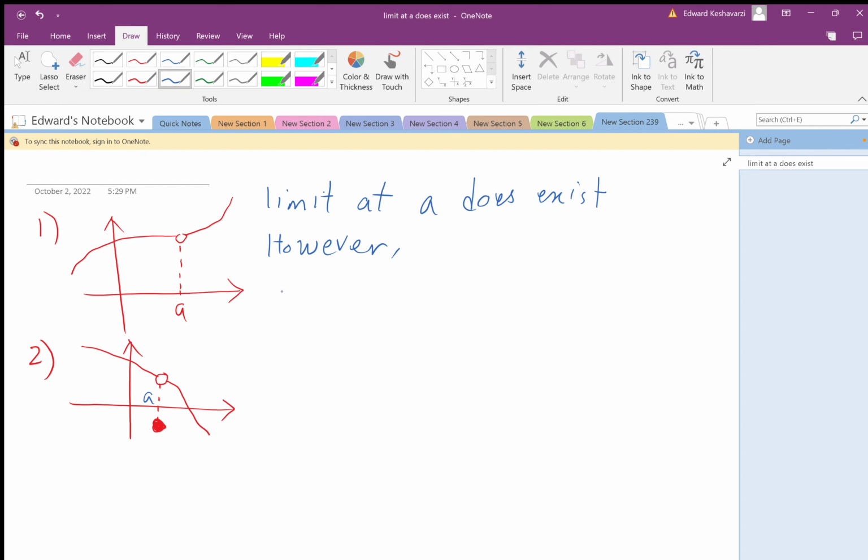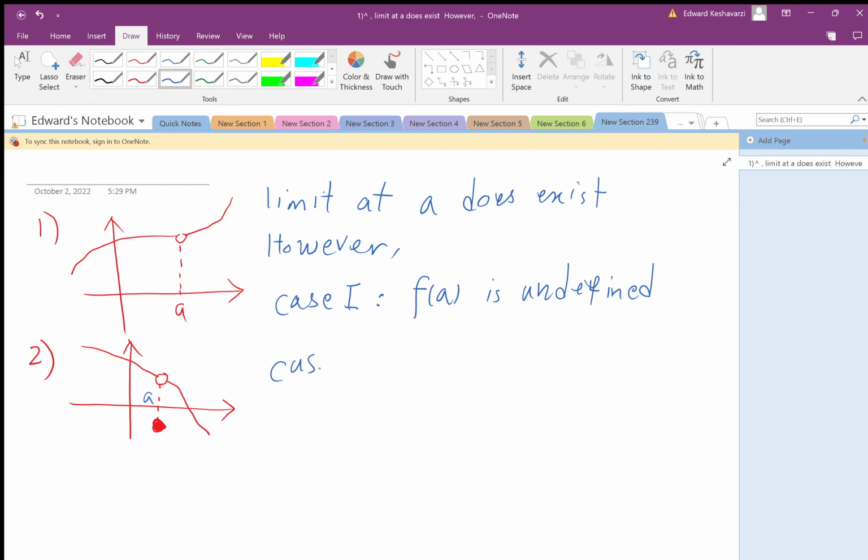So case 1, f of a is undefined, which is graph number 1. As you see, there is no value for f of a.